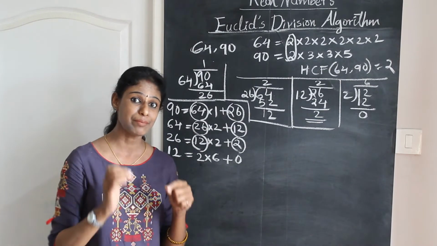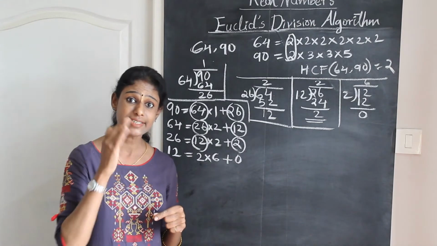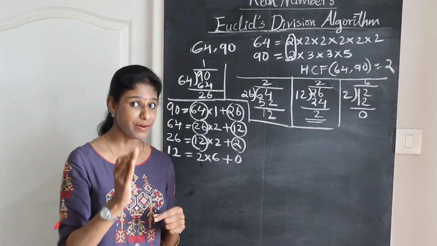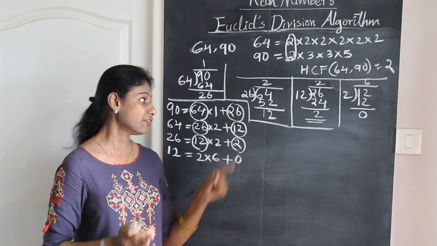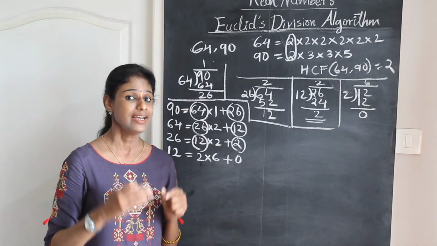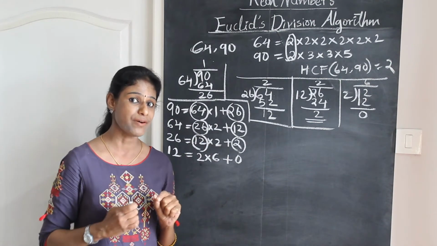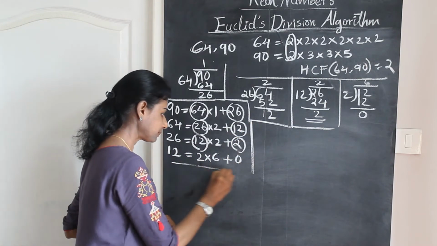So if the first number itself is 17, we need to go by trial and error method. It takes a lot of time to find which is the prime factor. So in that case, if we use this method, that means Euclid's division algorithm, it is very easy to find the HCF. Now I am taking another example.